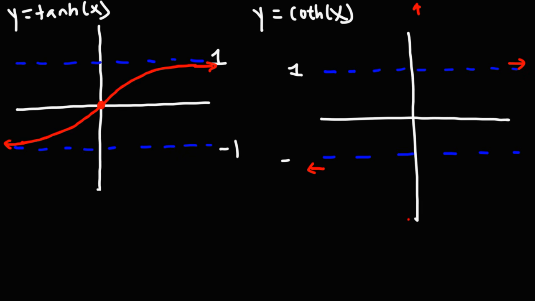So this is going to go towards negative infinity from the left side as we get closer to 0. So the graph of hyperbolic cotangent is going to look something like this. It's not a perfect sketch, but that's the general shape. It's outside of the two horizontal asymptotes, and because this goes to 0, we're going to have a vertical asymptote at x equals 0, because 1 over 0 is undefined.